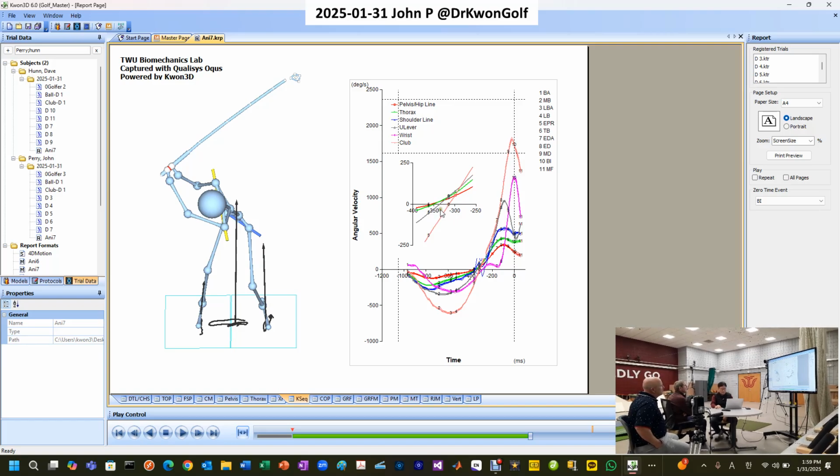But actually, you should have a lot more space between the pelvis and the arms here. Thorax and arms, okay. If the pelvis goes here, then you have more time and these will be separated better. But currently, your trunk is pretty much turning at the same time.